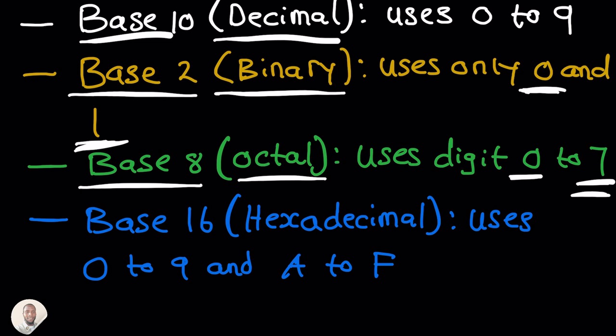The next number system is base 16, also known as hexadecimal.